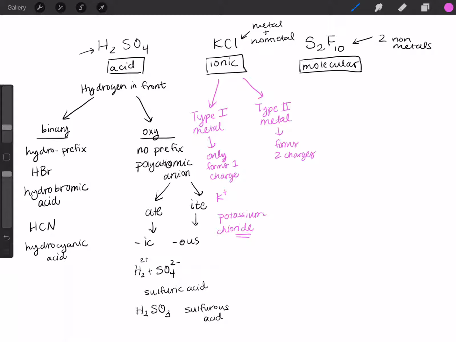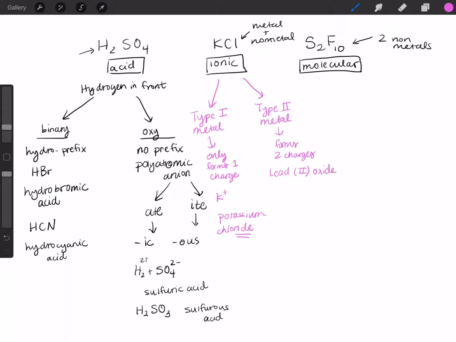For a type 2 ionic compound, can anyone give me an example? Iron something? Give me a compound. Lead oxide. Thank you. Which lead oxide do you want me to write? Lead 2 oxide.